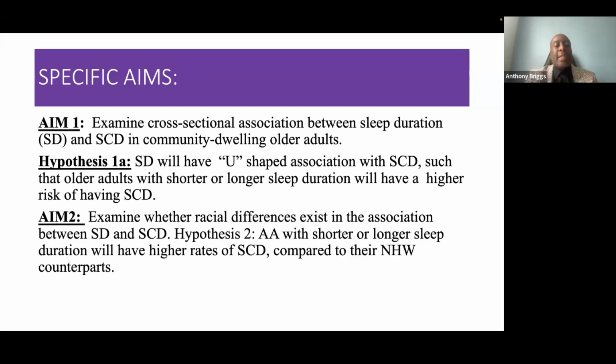My hypothesis, as I mentioned, is that sleep duration will have a U-shaped association with subjective cognitive decline, such that older adults with shorter or longer sleep duration will have a higher risk of having SCD. Aim 2 is to examine whether racial differences exist in the association between sleep duration and subjective cognitive decline. My hypothesis is that African Americans with shorter or longer sleep duration will have higher rates of SCD compared to their non-Hispanic white counterparts.